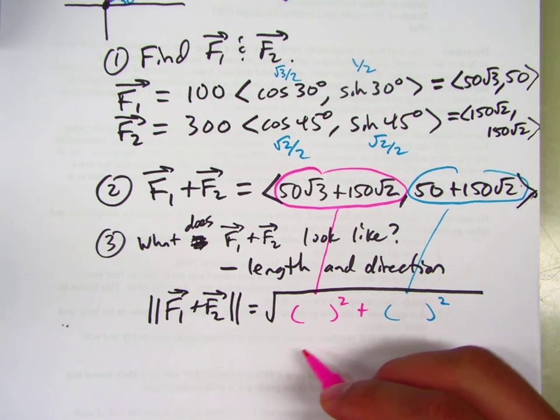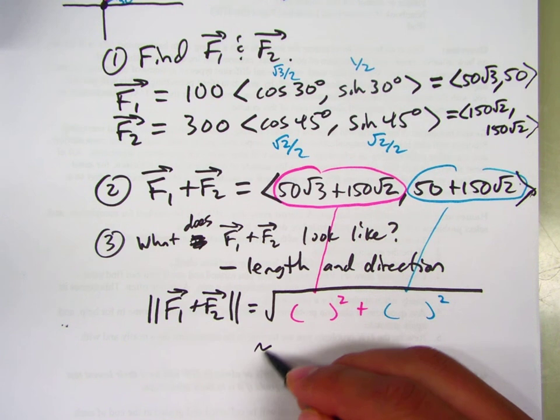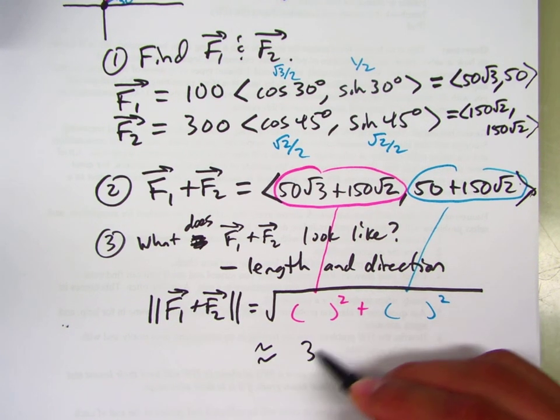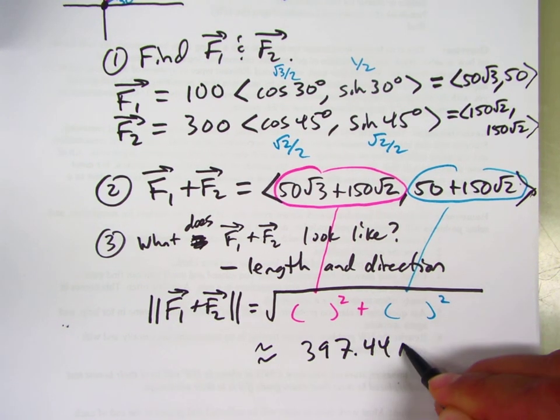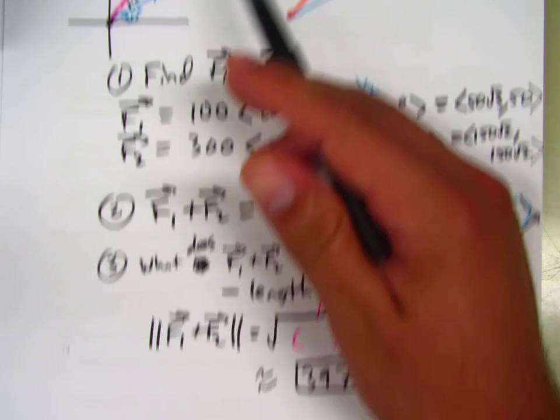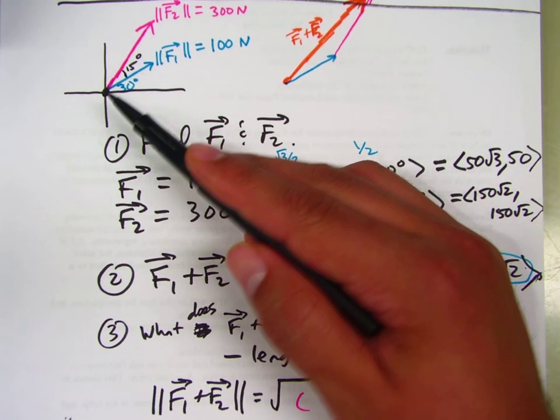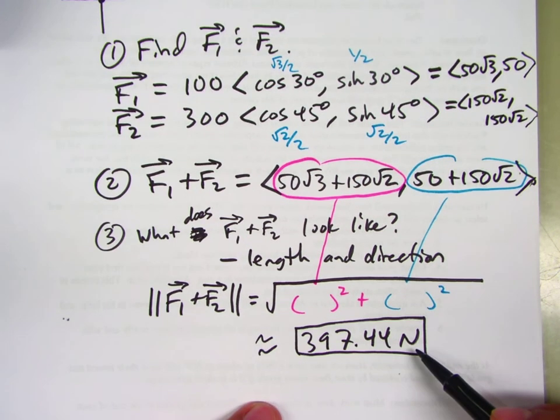If you type that in the calculator and get an approximation, that ends up being about 397.44 newtons. So there's the length. If I have this 100 and 300 Newton force acting on this object, the final force, the resultant, is just shy of 400 newtons total.